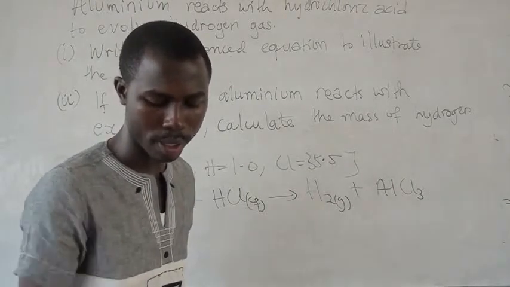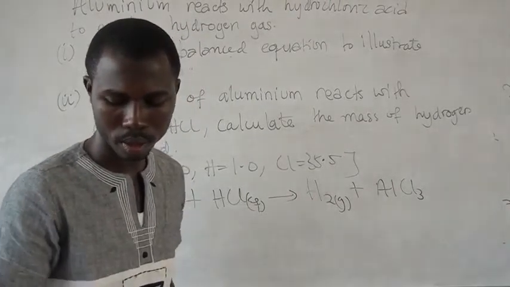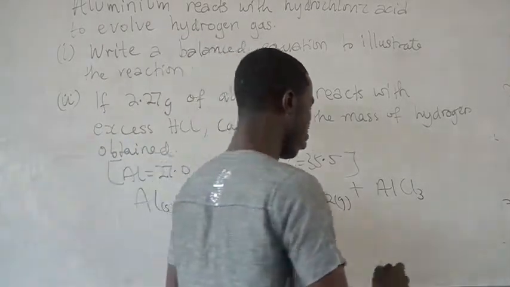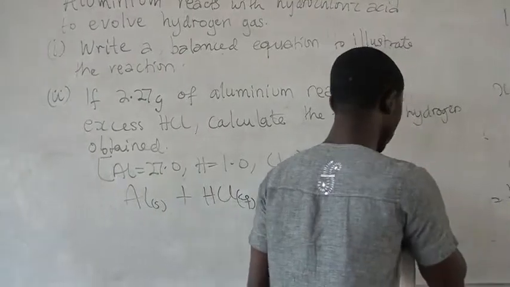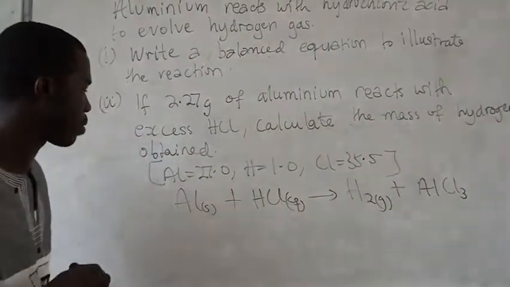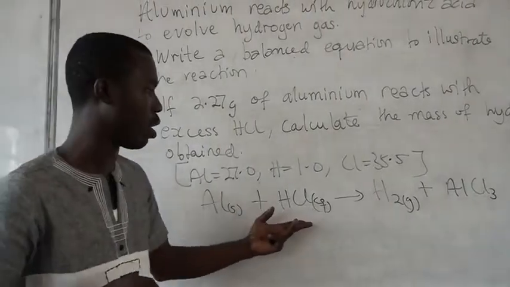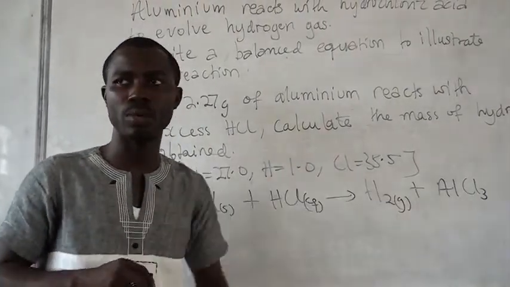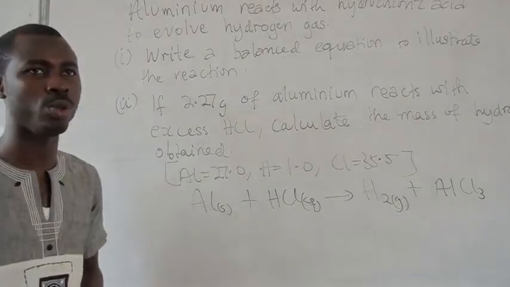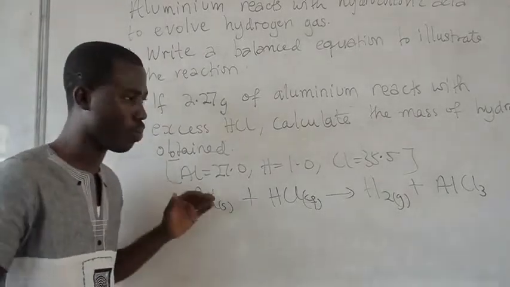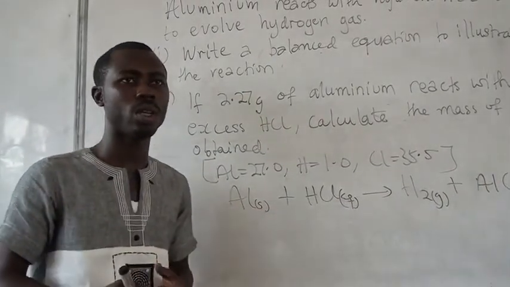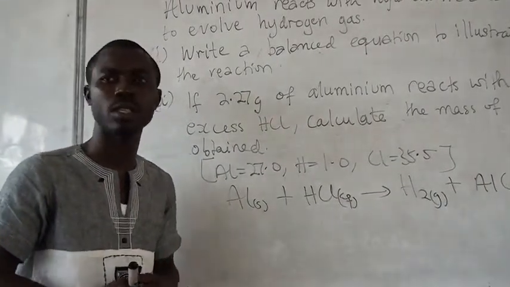I hope we all understand. So now that we have Al, HCl, hydrogen gas, and aluminium chloride, what is the next thing to do? Is to balance the equation. So now let's balance it.